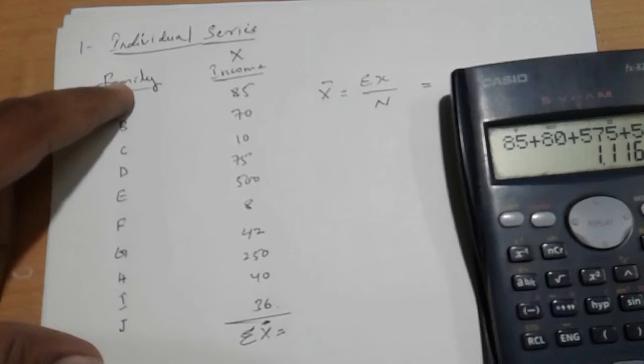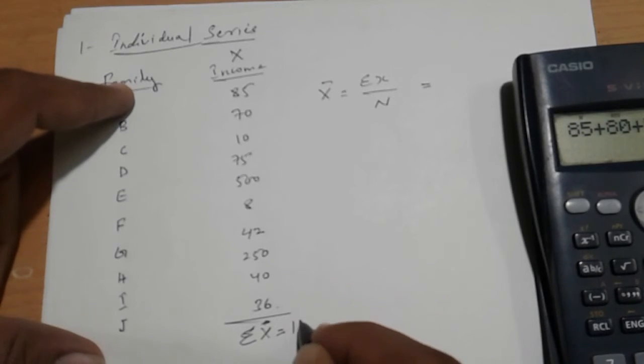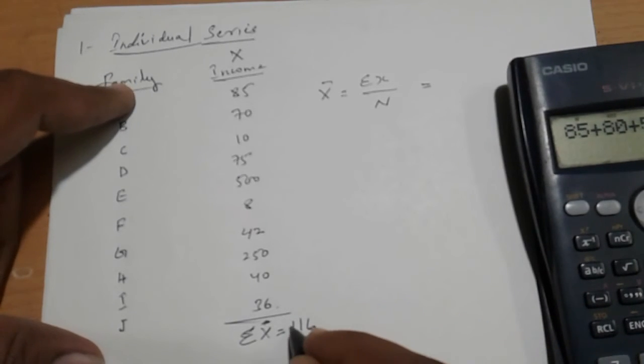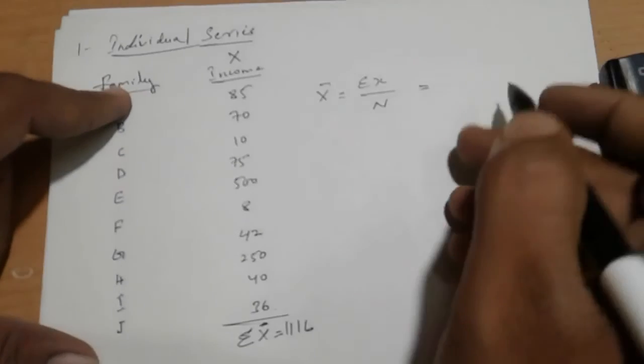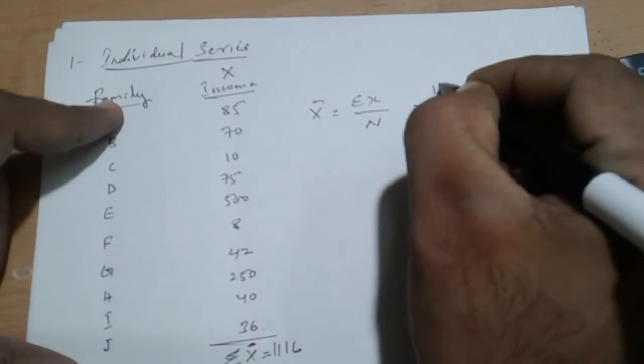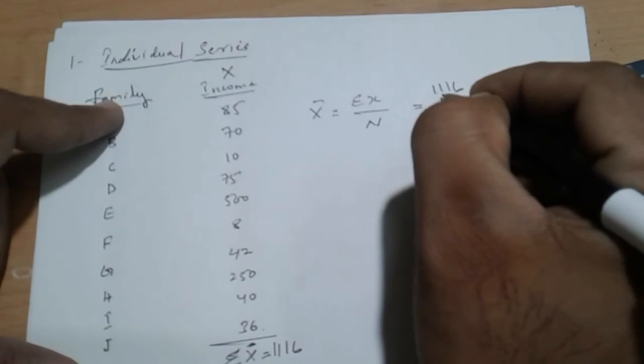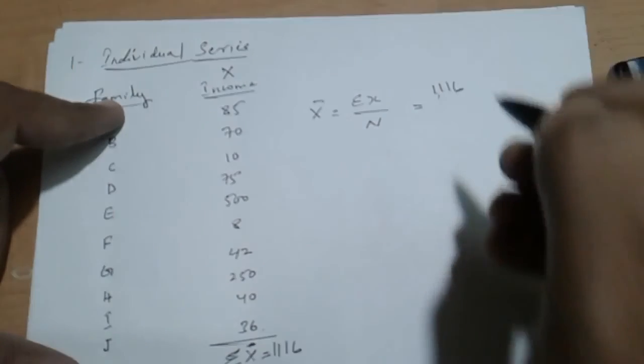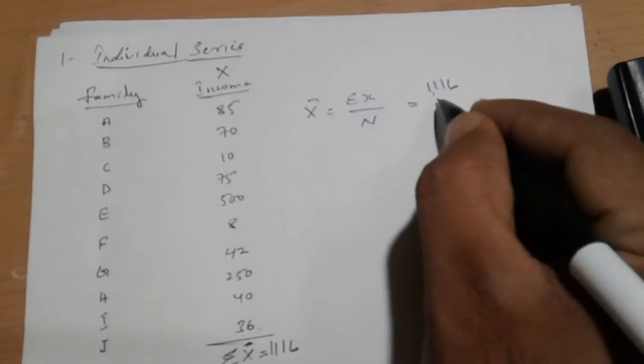Overall it is 1116. Now divide this by n.